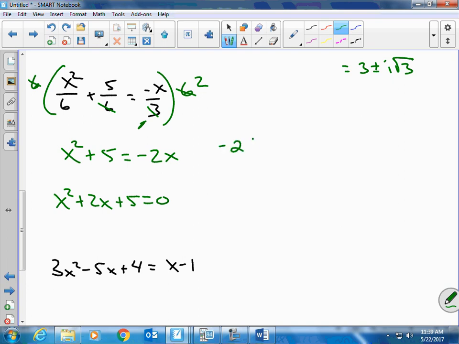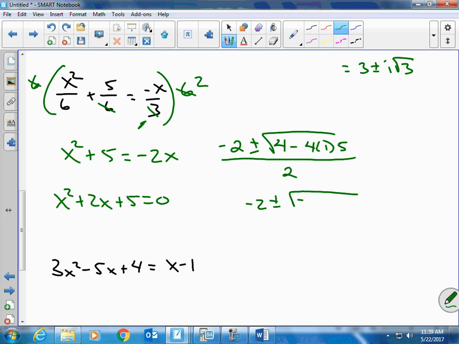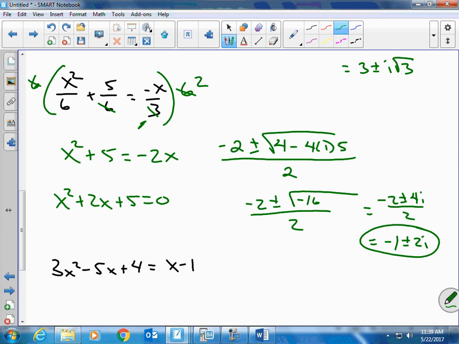Negative b plus or minus the square root of b squared minus 4 times a times c all over 2a gives me negative b plus or minus, I see 20, I see negative 16. Reduces down to negative 2 plus or minus 4i, which comes out nice and neat as negative 1 plus or minus 2i. No fractions.